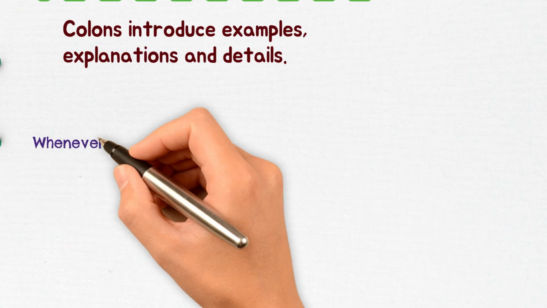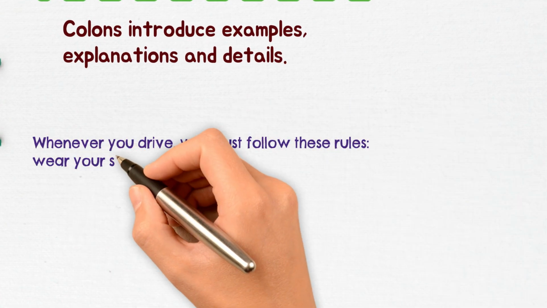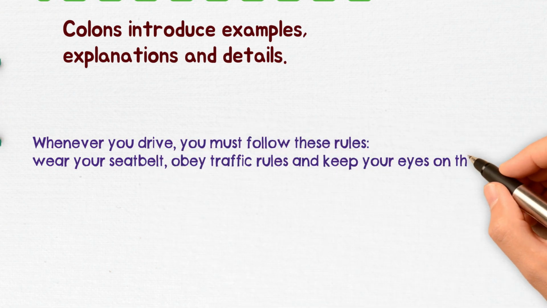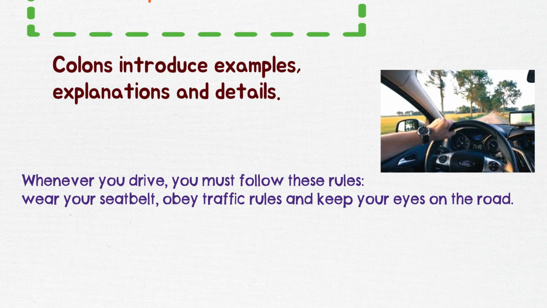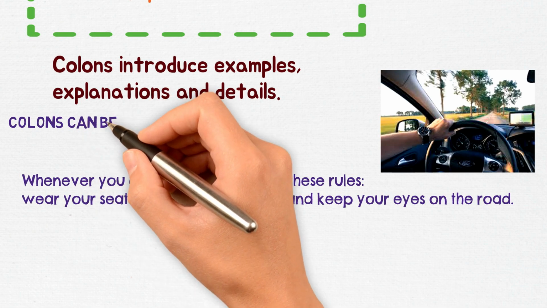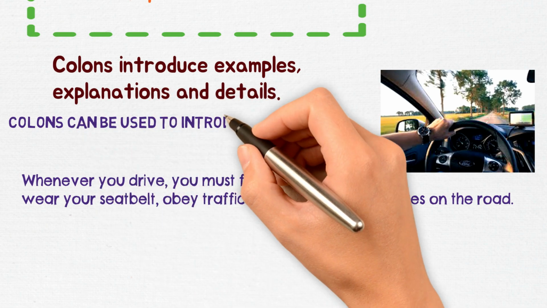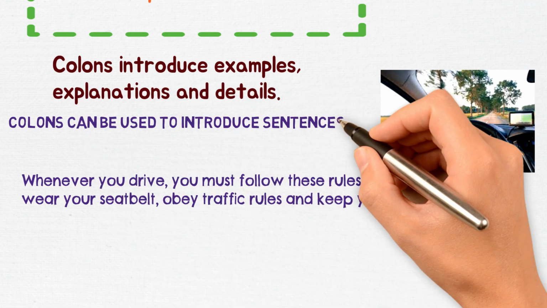Let's have a look at this example. Whenever you drive, you must follow these rules: wear your seat belt, obey traffic rules, and keep your eyes on the road. The colon can be used for sentences as well, sentences which give some information.